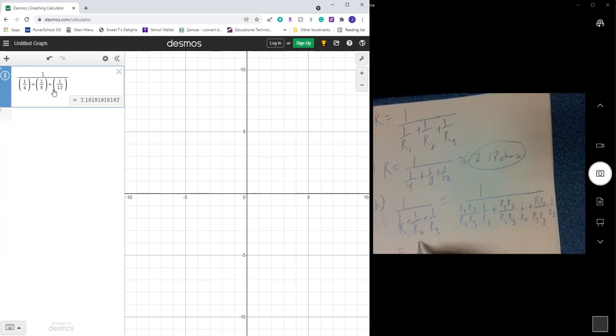Okay, so now this will give us 1 over, this will be R2, R3 all over R1, R2, R3 plus, this will give us R1, R3 all over R1, R2, R3 plus, this will give us R1, R2 all over R1, R2, R3.